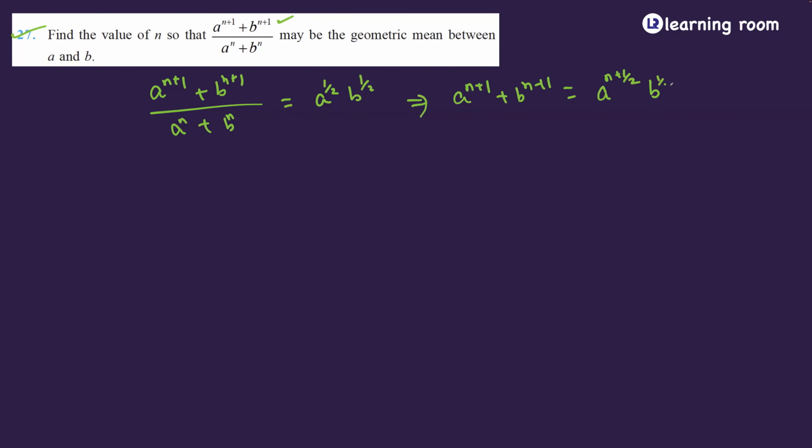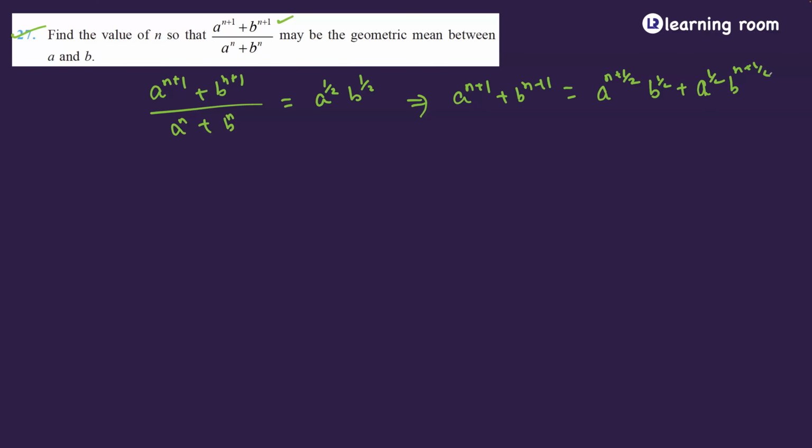into b power half plus a power half into b power n plus half. So a power n into a power half is a power n plus half, into b power half written as it is, plus b power n into b power half is b power n plus half, and a power half is written as it is.